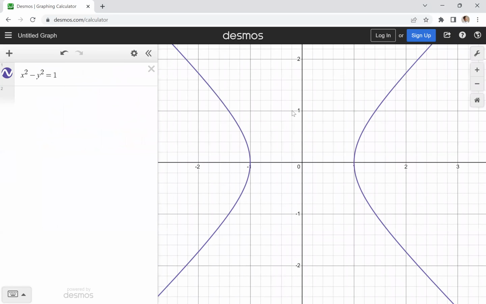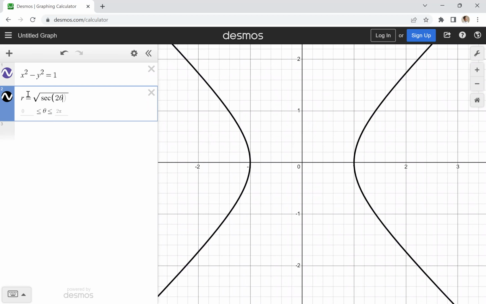Yay, a hyperbola. Second one is r equal to square root of secant 2 theta. Oh, it's the same thing. So that's why you see that it coincides. This is the same graph here. Oh, pretty cool.